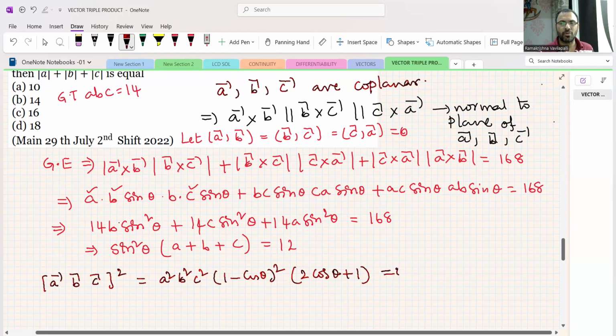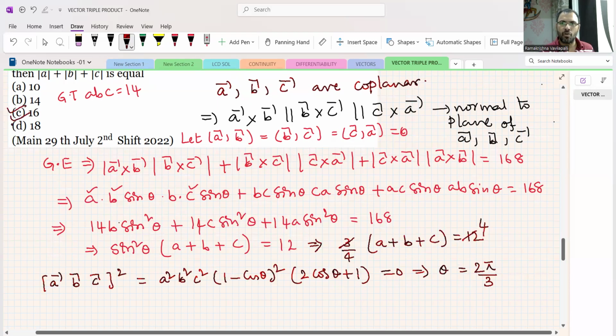This is equal to 0, which implies theta is equal to 2 pi by 3. So hence sine of 2 pi by 3 is root 3 by 2. Therefore this is 3 by 4 into A plus B plus C, the sum of the magnitudes, which is equal to 12. The 3s cancel, the 4s cancel, and you will get the answer 16.